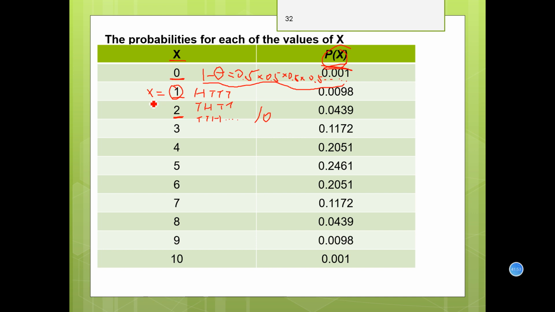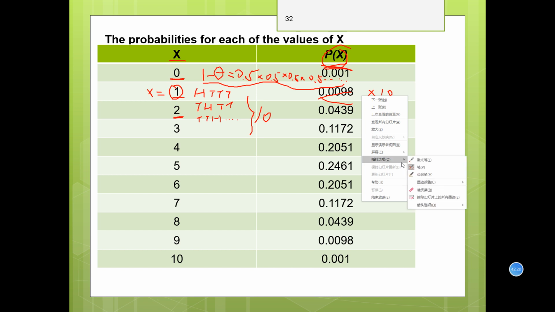So the probability of x equals 1 should be multiplied by 10. So that means 0.5 times 0.5 times 0.5 and so on, and finally times 10, because we have 10 possible conditions. So here the probability should be 0.0098.